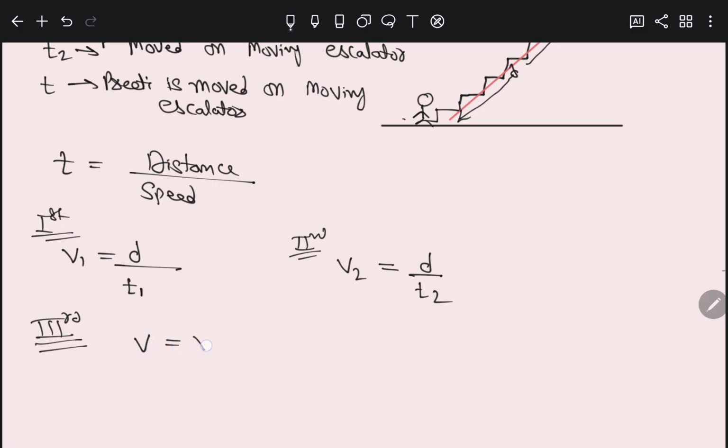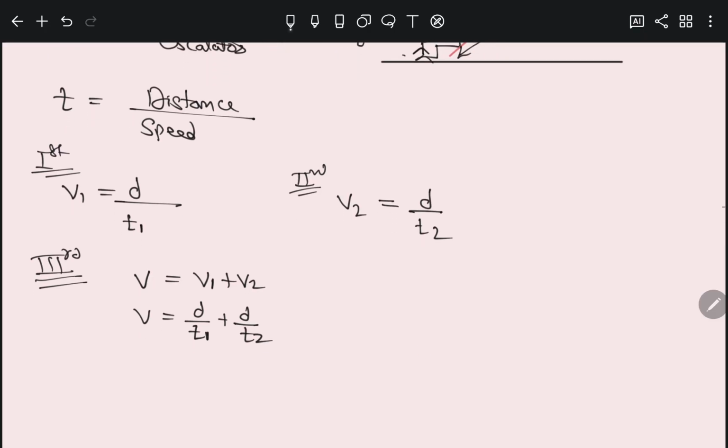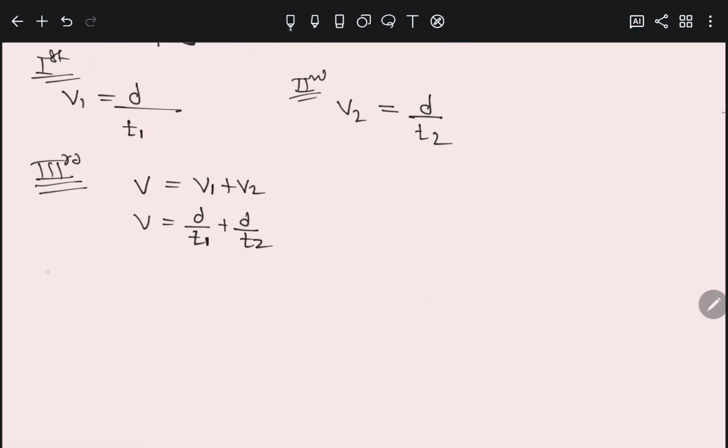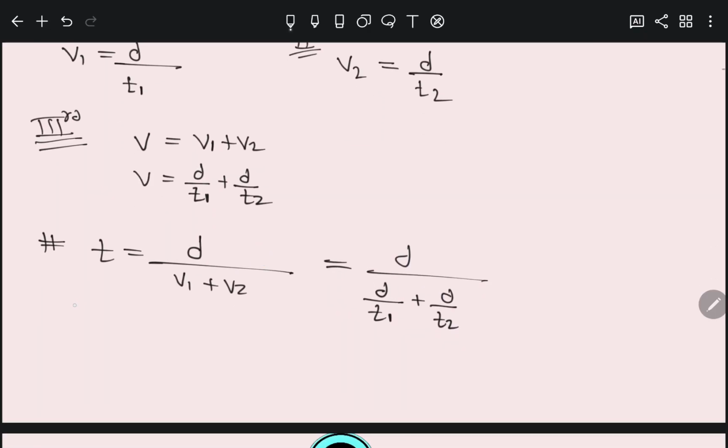the speed becomes v1 plus v2, right? So she has moved and the escalator is also moving, so d upon t1 plus d upon t2. Now we use the formula time is equal to distance d, on a moving escalator she moves with speed v1 plus v2, means t is d upon (d upon t1 plus d upon t2), right?